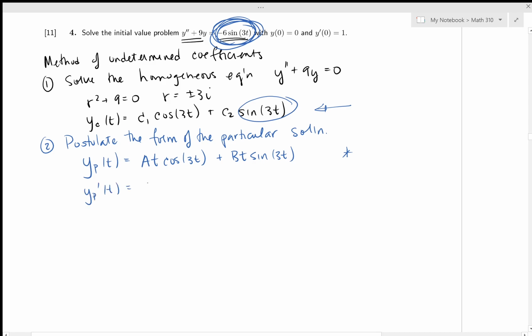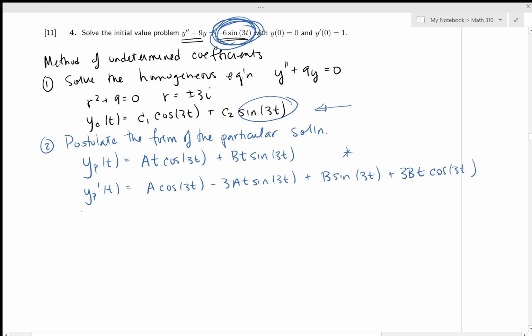Using the product rule, that is going to be A cosine 3t minus 3At sine 3t plus B sine 3t plus 3Bt cosine 3t.